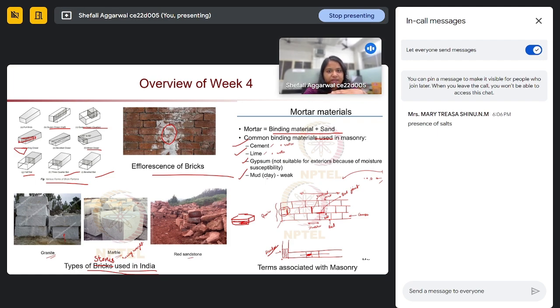One layer above another layer, when we are keeping the joint in between those two layers, it is called the bed joint. And when one brick and another brick are joined, the joint between these two bricks is called the vertical joint. And then this part is the stretcher. Along this length it is header, along this length it is stretcher. And one layer is called the course of our masonry. So these are some important terms associated with masonry.